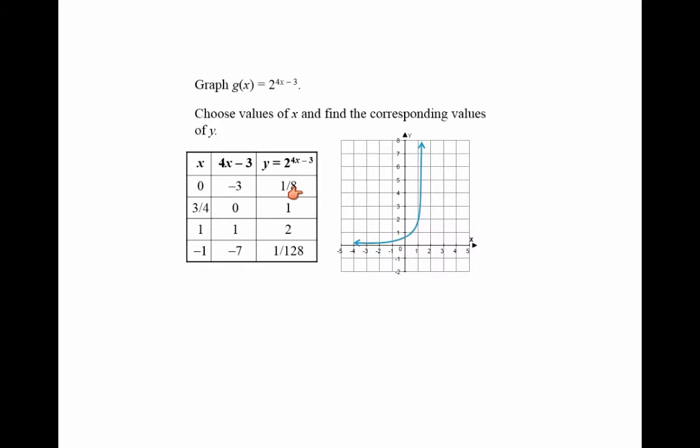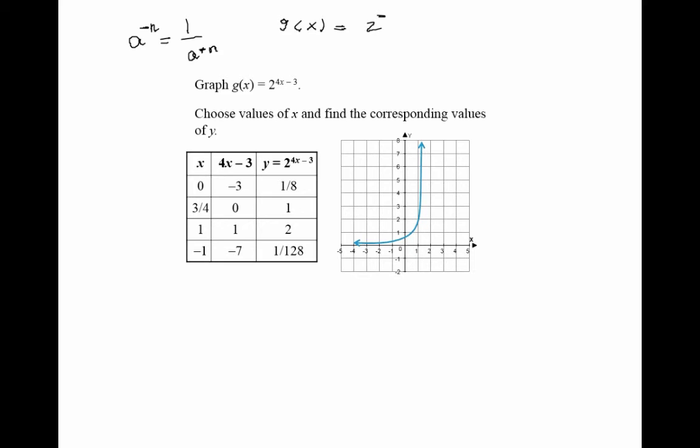Okay, remember, a to the power of negative n would be equal to 1 over a to the power of positive n. That's how you can make it positive. So g of x would be equal to 2 to the power of negative 3.